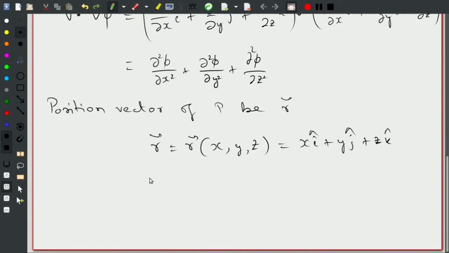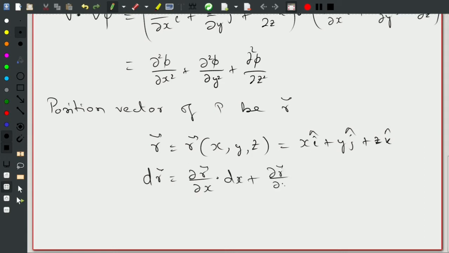So if you want to find dr, then since r is a function of x, y, and z, by the basic definition of differentiation, we have dr equal to dou r vector by dou x into dx plus dou r by dou y into dy plus dou r vector by dou z into dz, right?